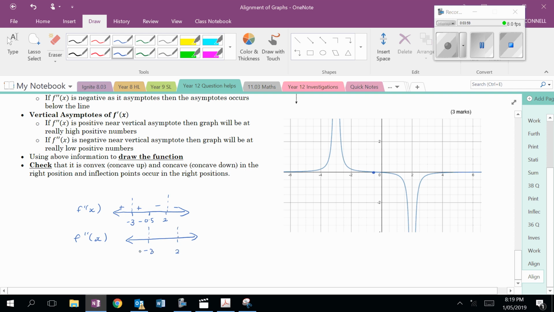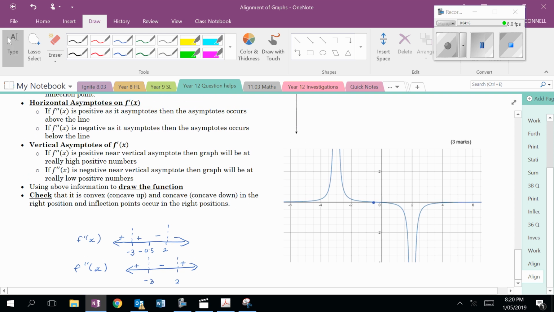Okay, so to the left of minus 3, it's going up, so it's positive. Between minus 3 and 2, it's coming down the whole way, so it's negative. And then here, after 2, it's going up, so it's positive. Okay, alright. So the horizontal asymptotes, if the second derivative is positive as it asymptotes, then the asymptote occurs above the line.